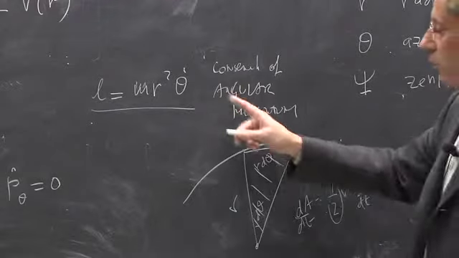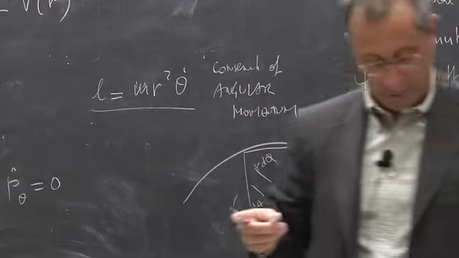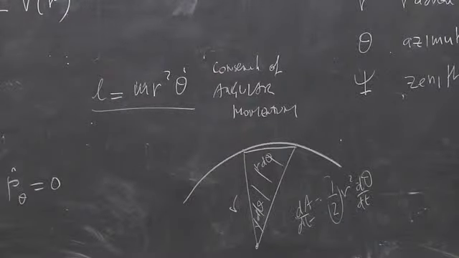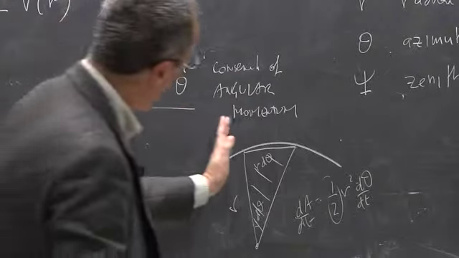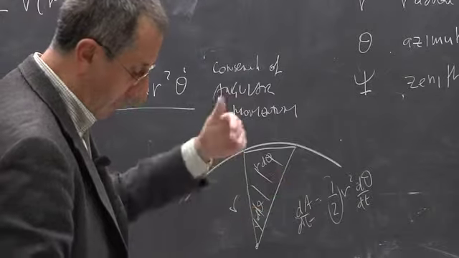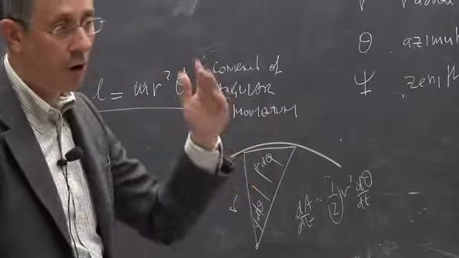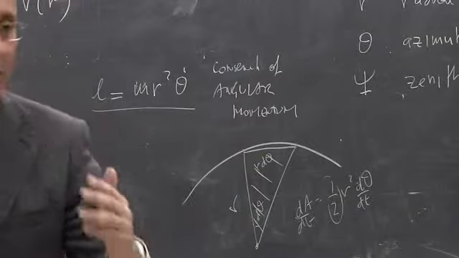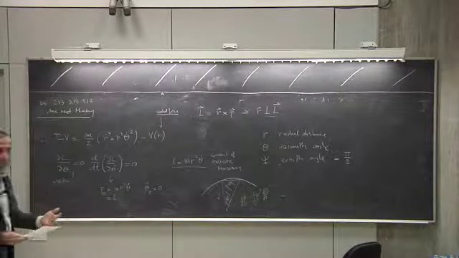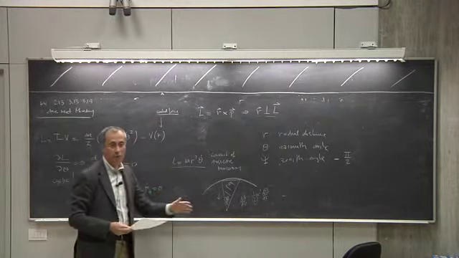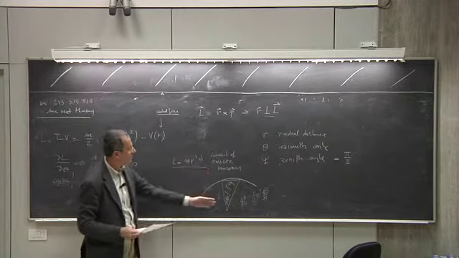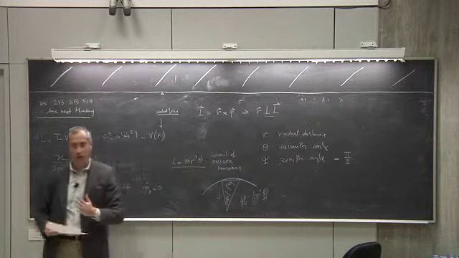So the conservation of the angular momentum for Kepler was the area swept. The area swept out by the radius along the orbit, okay, per unit of time is constant. This was called Kepler's second law, I guess. Very important because it's a property of the orbit, and now in modern terminology, it's just a consequence of the conservation of the angular momentum.